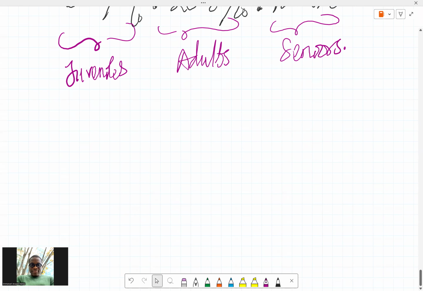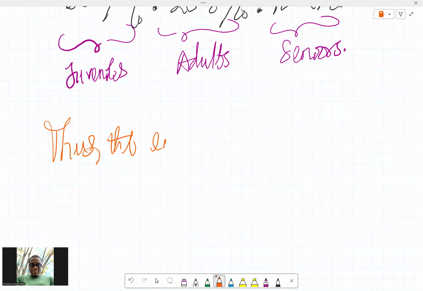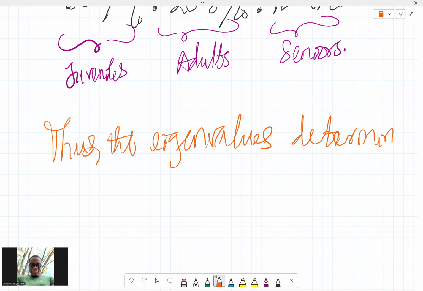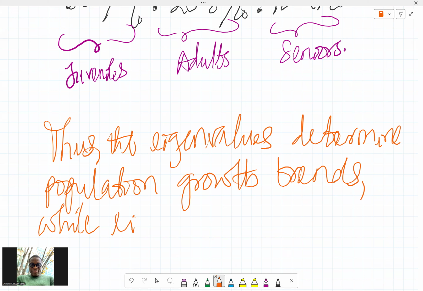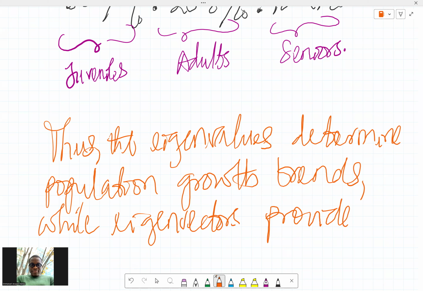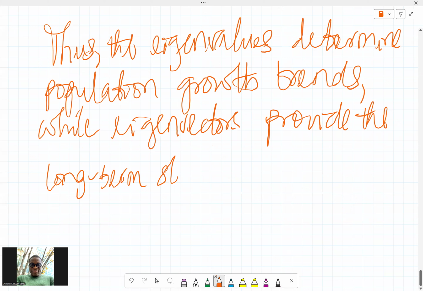Okay. So in essence, we are saying that the eigenvalues determine population growth trends, while eigenvectors provide the long-term structure of the population.